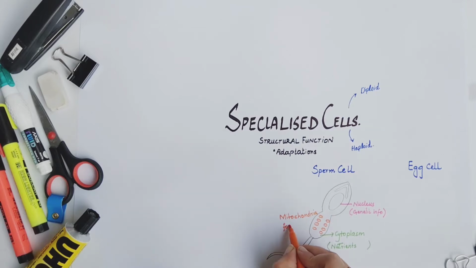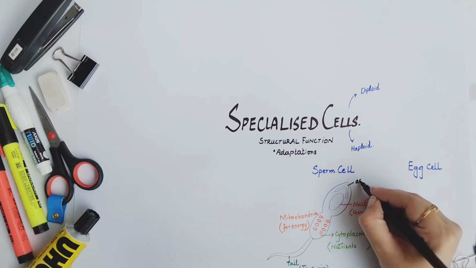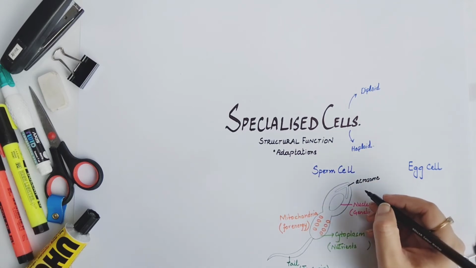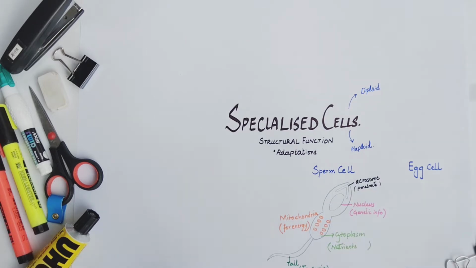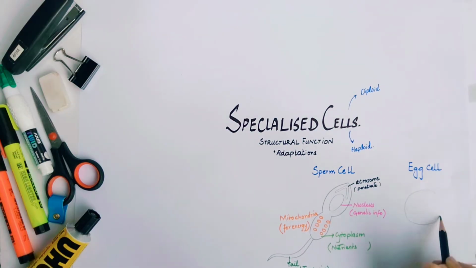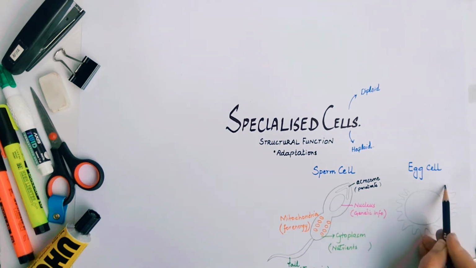Then they have their own mitochondria. We have studied the function of mitochondria, that they are responsible for energy. And they have a tail to swim. And you can see they have a tip which is called the acrosome. They have the ability to penetrate into the egg cell. So this is how the sperm cell is adapted for its function.